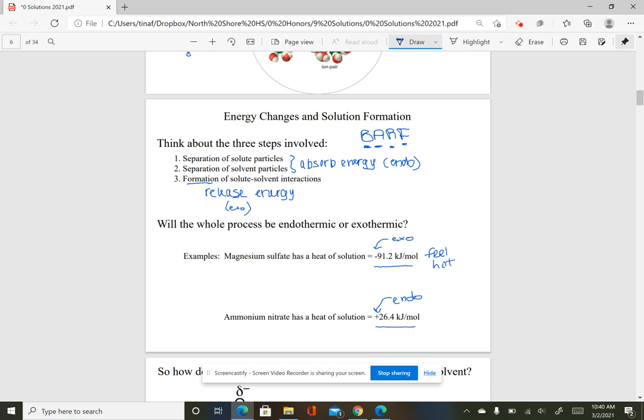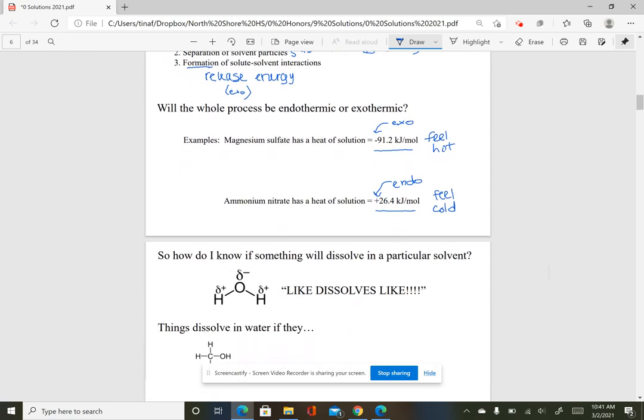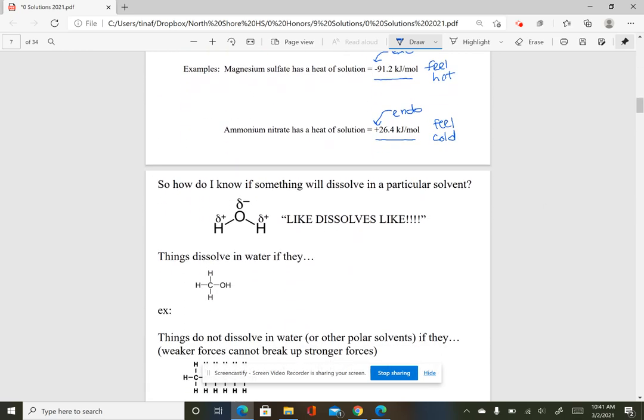With endothermic, the solution is absorbing energy and it has to absorb that heat or that energy from somewhere, and it absorbs it from the surroundings. So me holding the test tube, which is part of the surroundings, this is going to feel cold in my hand. And we're going to actually get to do this in class as well, where we make two solutions, and I'll let you guys feel the difference between exo and endo. So that's pretty cool. So how do we know if something will dissolve in water?